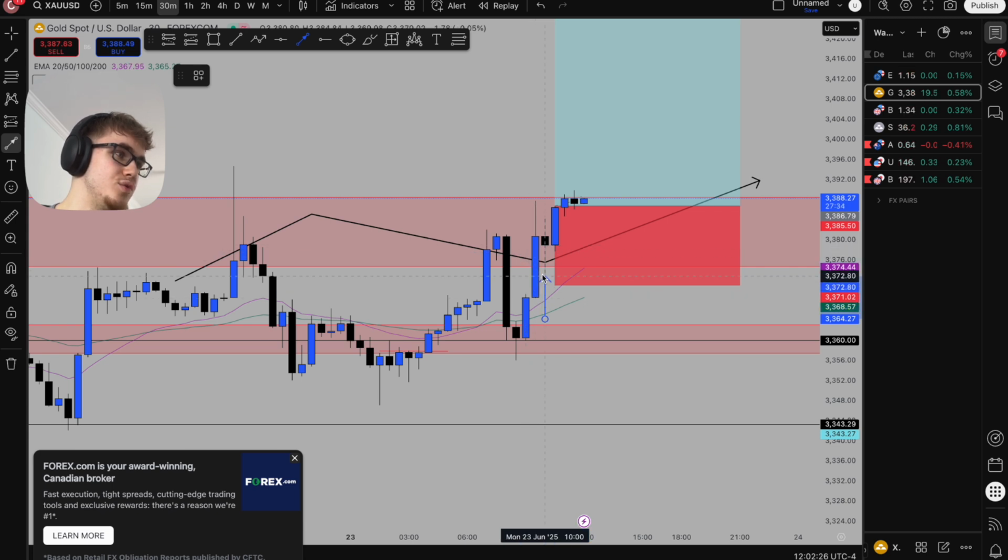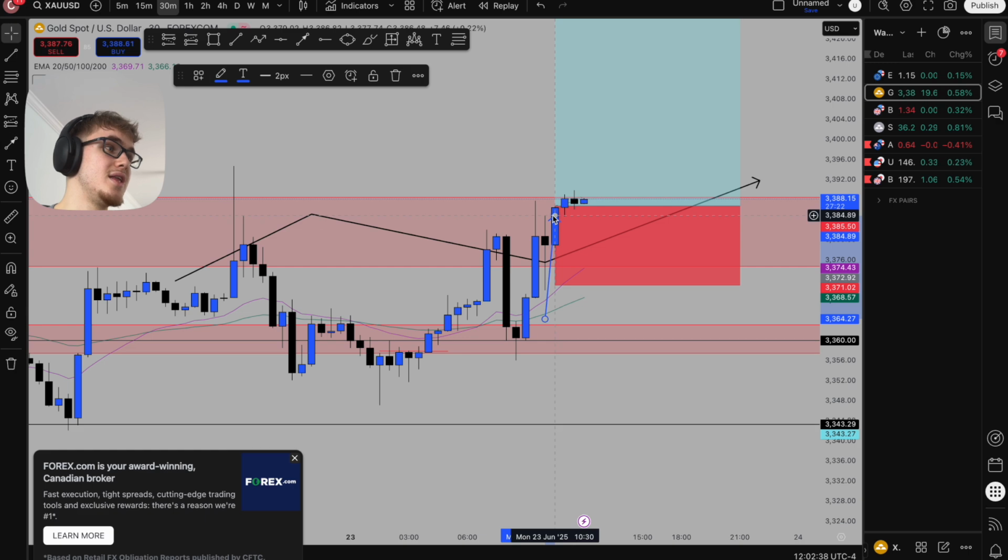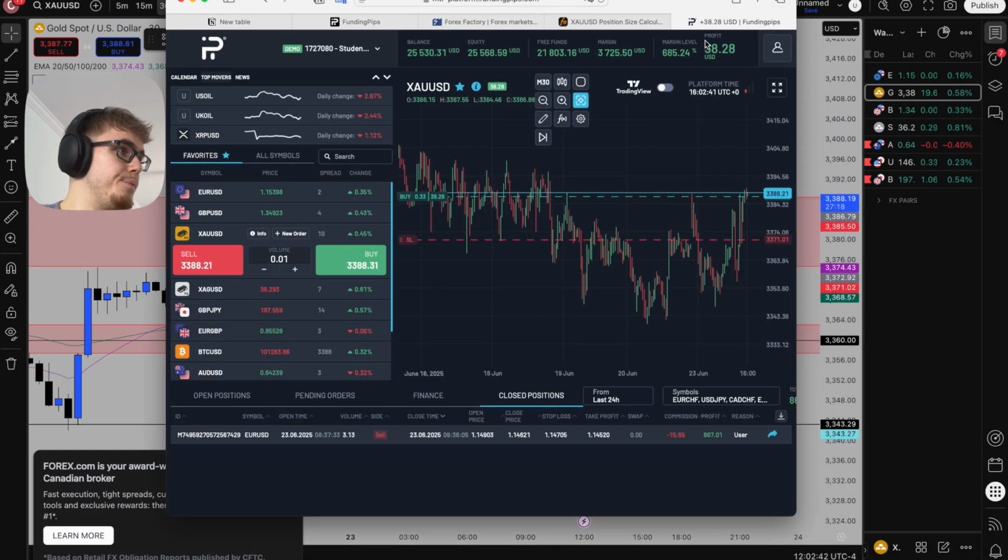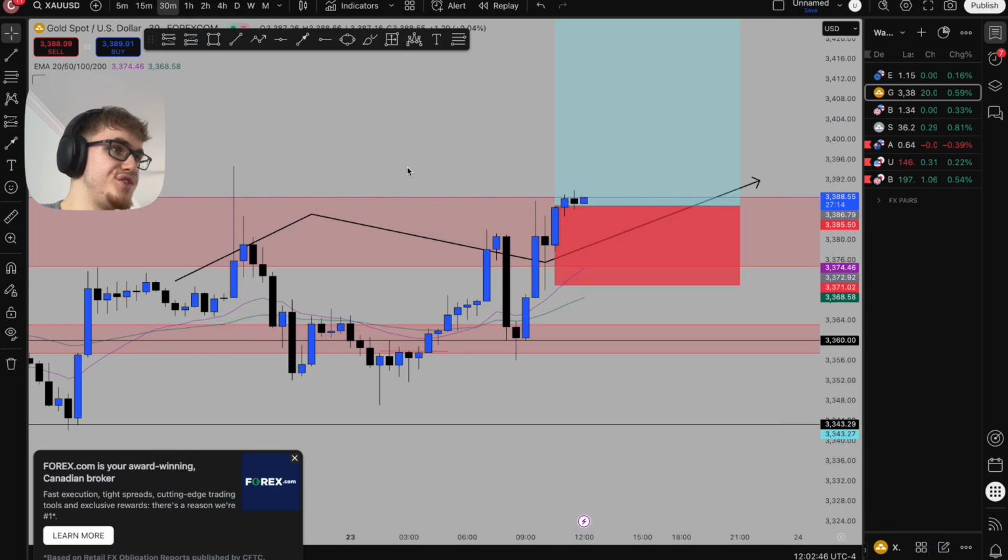Price here started to reject, but we still had some bearish momentum. But then when price created that big bullish engulfing, this is when I was like, okay, I should look for buys. This is where I entered, and now I'm currently floating at around $46. We're gonna see how it goes.